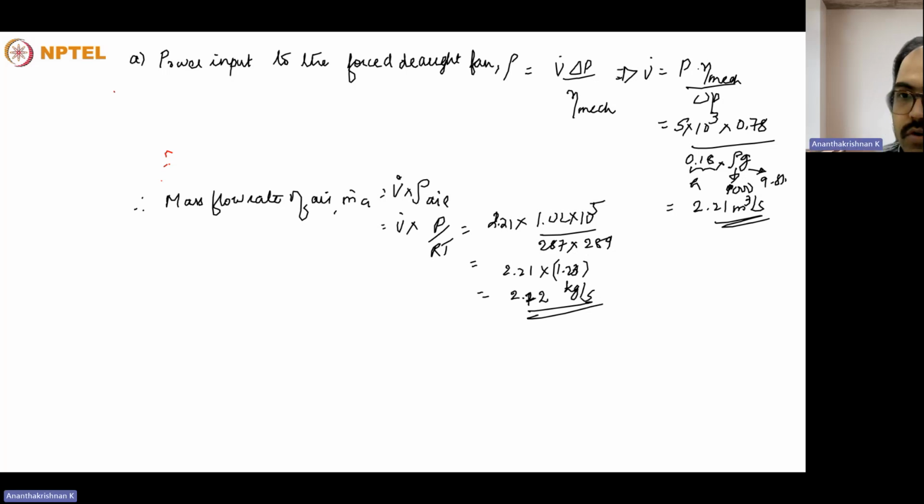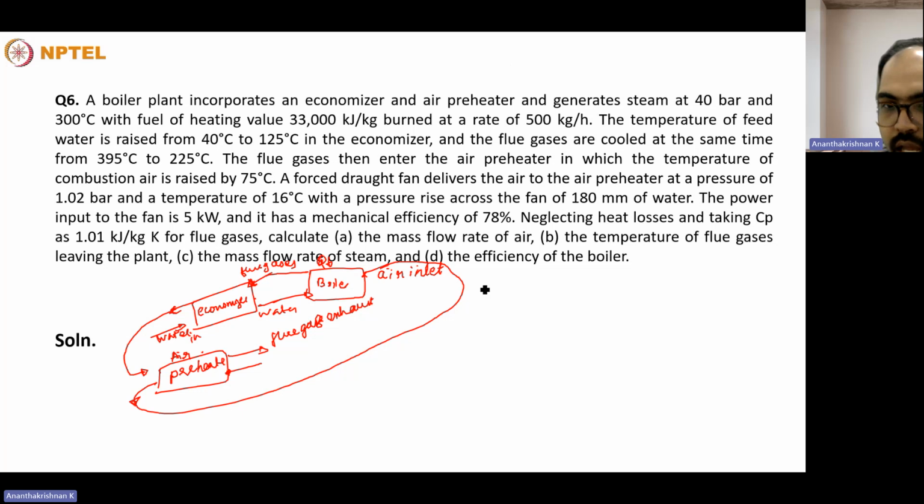So that is the first part of the problem. We need to calculate the mass flow rate of the air, and it actually didn't involve any of these other energy balance equations. That's directly from the thermodynamics of it.